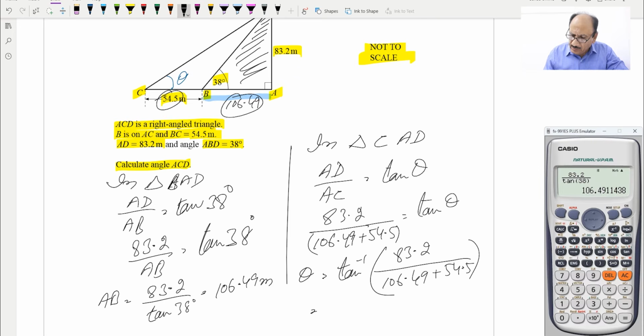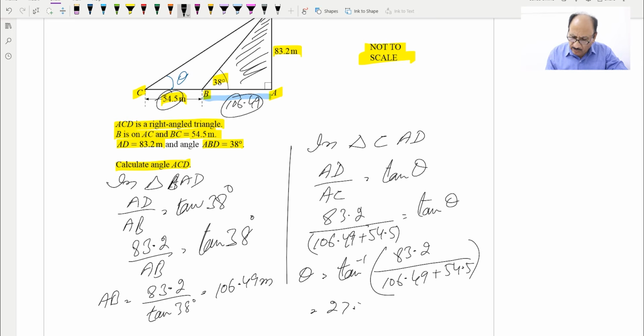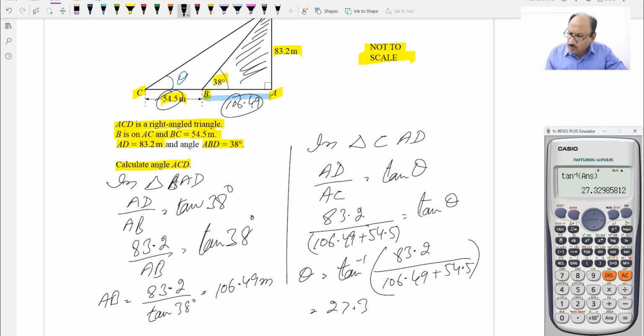So we can write the fraction 83.2 over this answer plus 54.5, and this is equal to this one. So shift tan of the answer will be equal to 27.329.